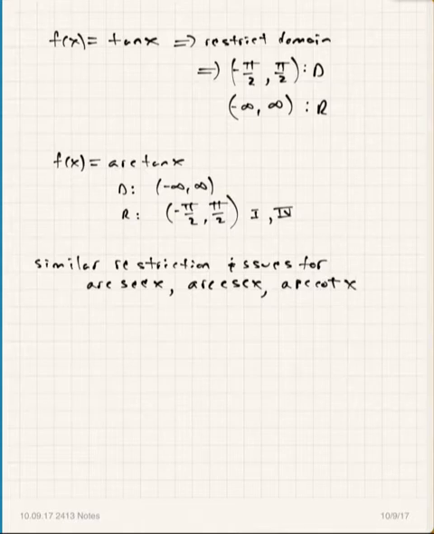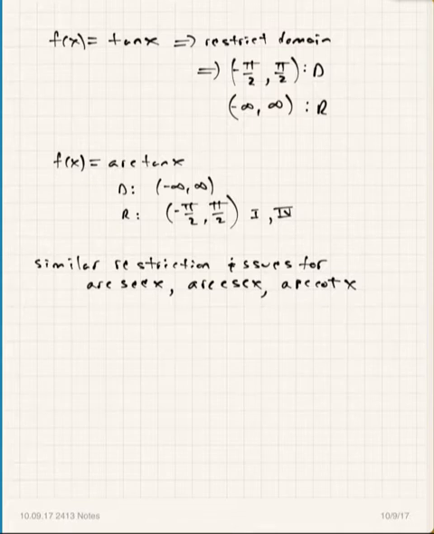A nice little summary of all those restrictions can be found in your textbook. Oh, actually, I guess they can't be found in the calculus section. Well, they are at the very front of the book. They're in section 1.4.